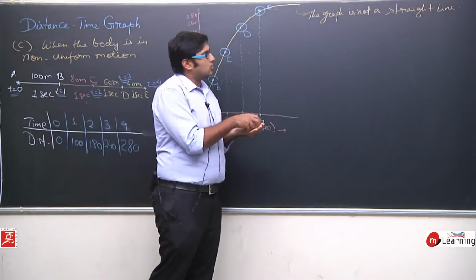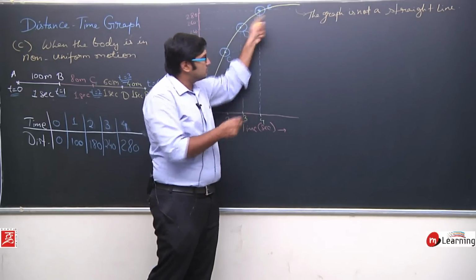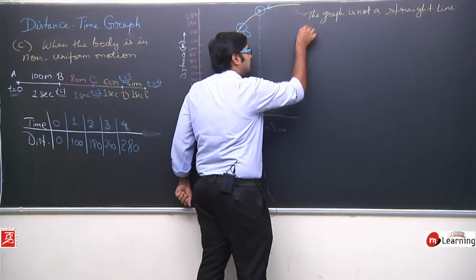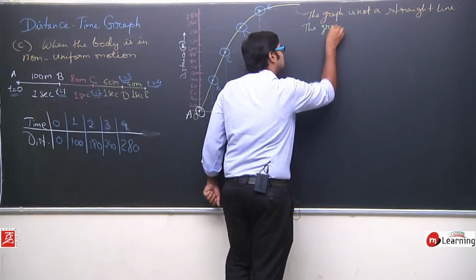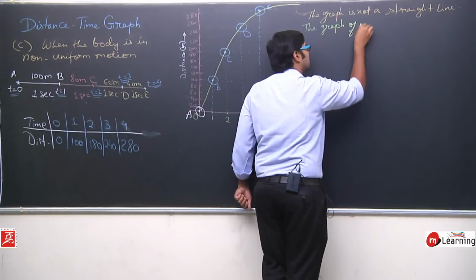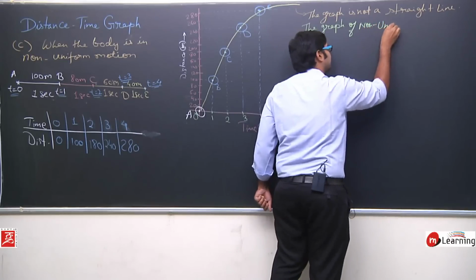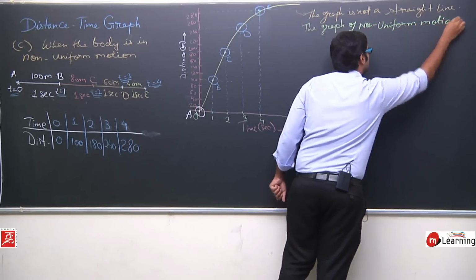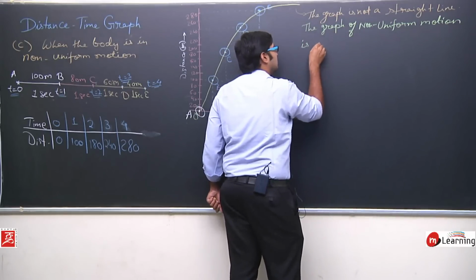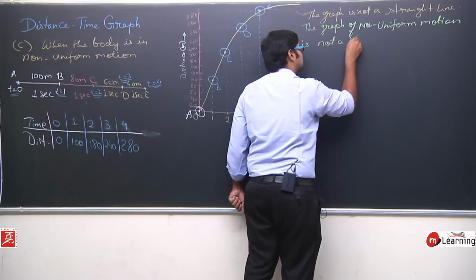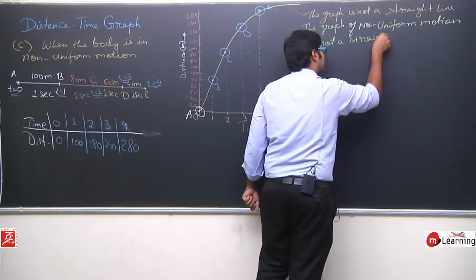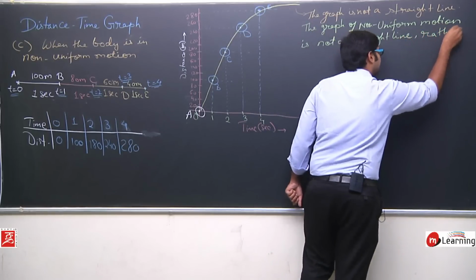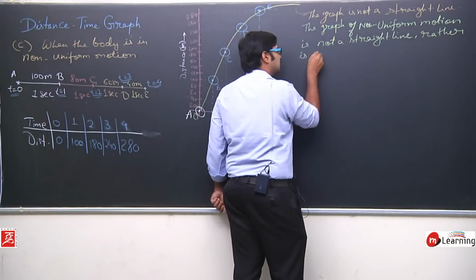So how is the graph of a non-uniform motion? Drawing the result from this kind of graph, we will say the graph of non-uniform motion is not a straight line, rather it's a curve.